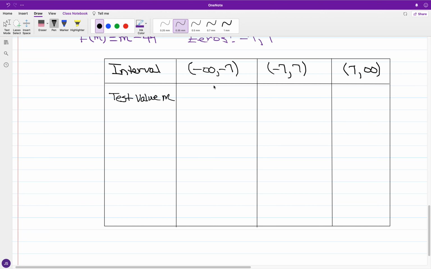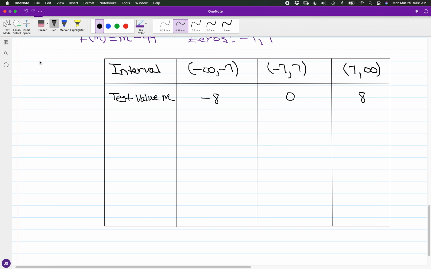Okay, so just initiating with the tested values for the inputs. For the first, if I select anything less than negative 7, negative 8 is a possibility. Between negative and positive 7, I can select 0, and anything greater than 7, I'll just go with the number 8.